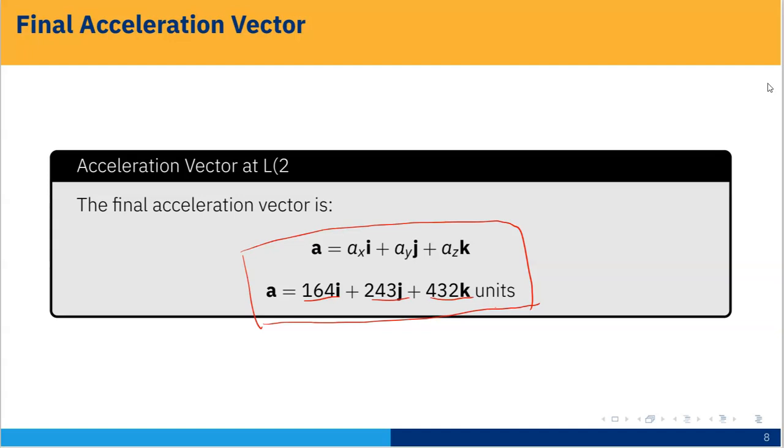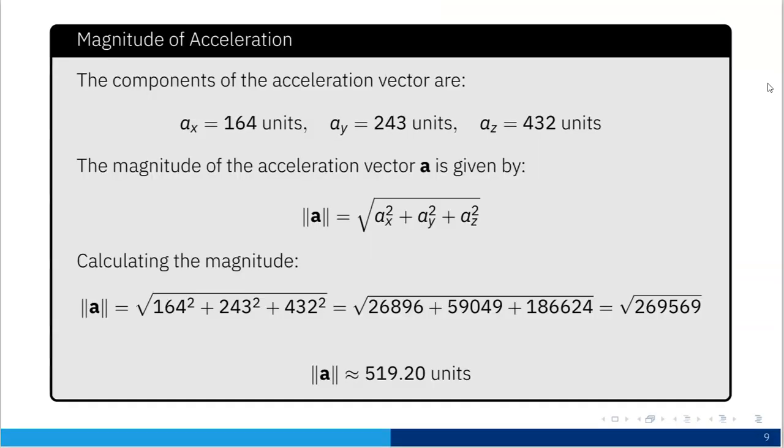Now if we want to calculate the magnitude of the acceleration, we know ax is 164 units, ay is 243 units, and az is 432 units. So the magnitude of the acceleration vector a is given by mod a, the square root of ax squared plus ay squared plus az squared. Plugging in all these values, the square root of 164 squared plus 243 squared plus 432 squared, so finally we get 269,569.